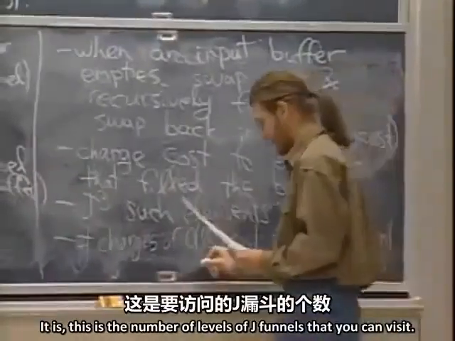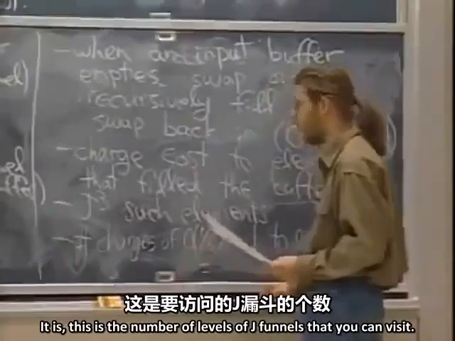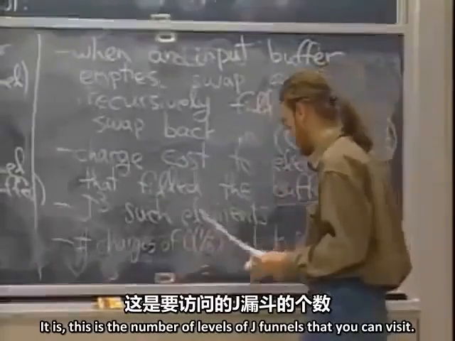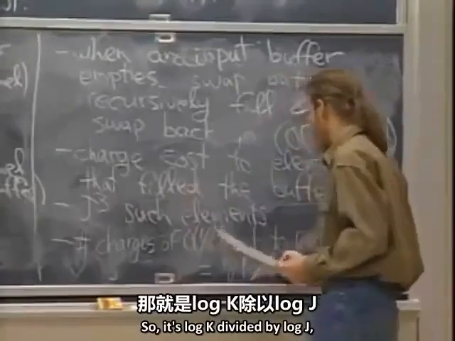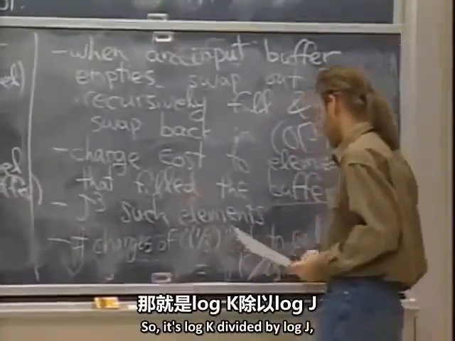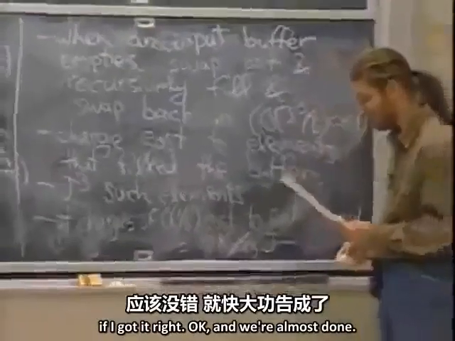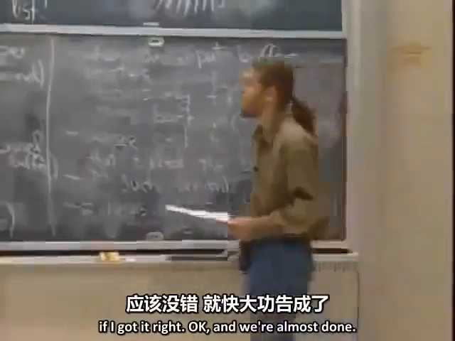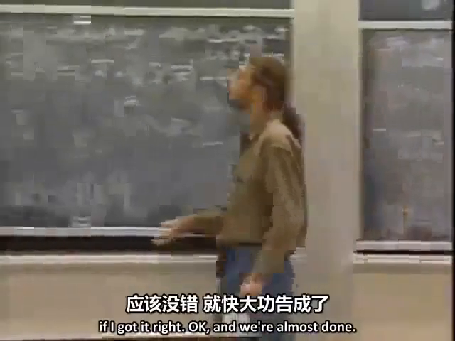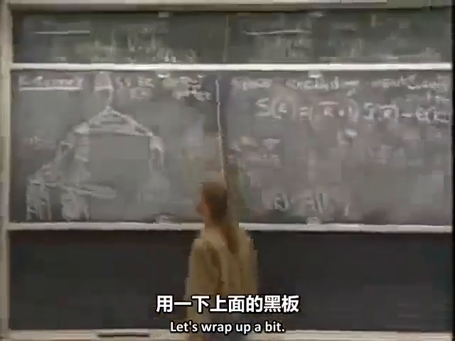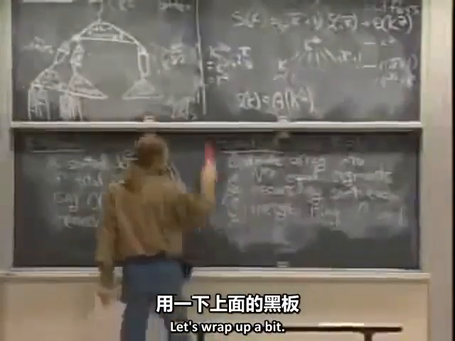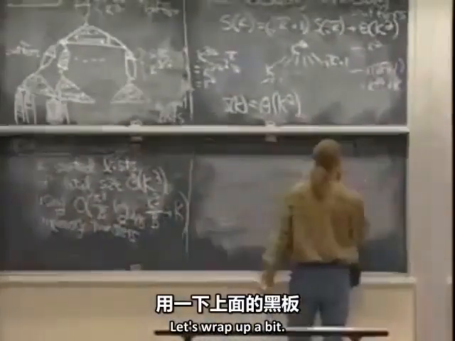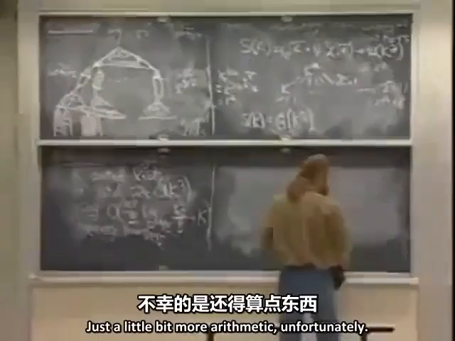This is the number of levels of j-funnels that you can visit. So it's log k divided by log j. I got it right. And we're almost done. Let's wrap up a bit. Just a little bit more arithmetic, unfortunately.